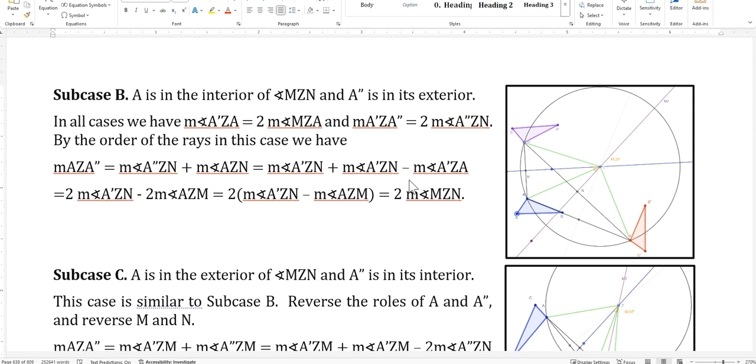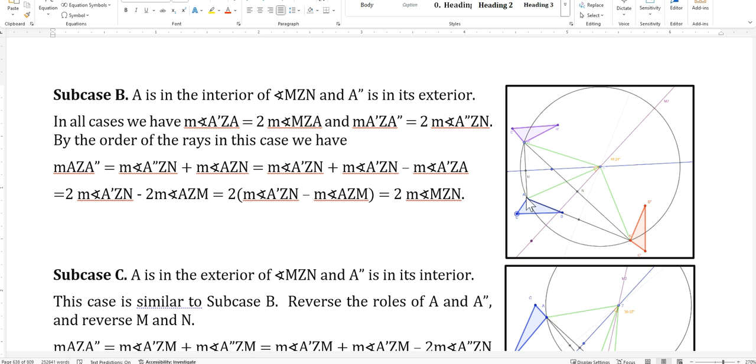We can add those up. But this A prime ZA is twice the angle M to Z to A, or AZM. Well, now we see the two 2's. We can factor that out. This gives us AZN, measure that, minus the measure from AZM.